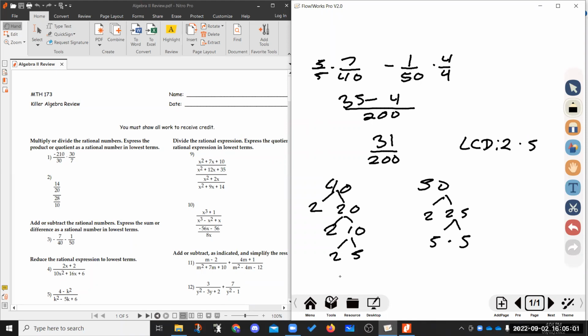When I choose 2s from here, there's 3 2s and 1 5, or over here, there's 1 2 and 2 5s. So I'm going to be greedy and take my 2s from the 40, since there are 3 there, and take my 5s from 50 because there are 2 there. 8 times 25 is going to be 200. You can always find your LCD that way with a factor tree.